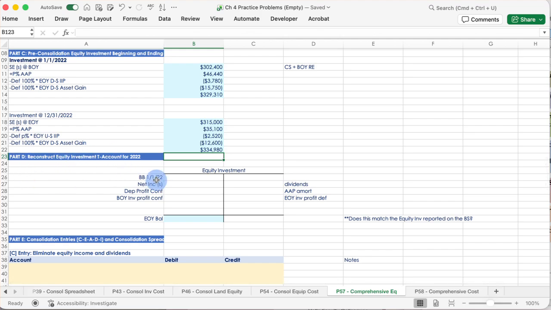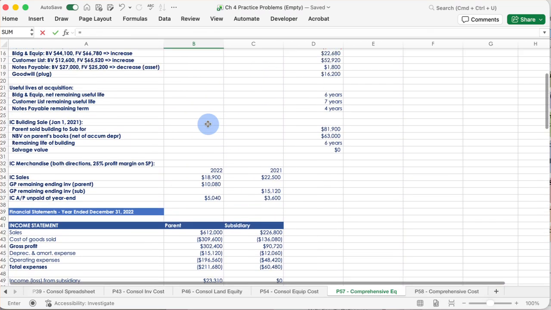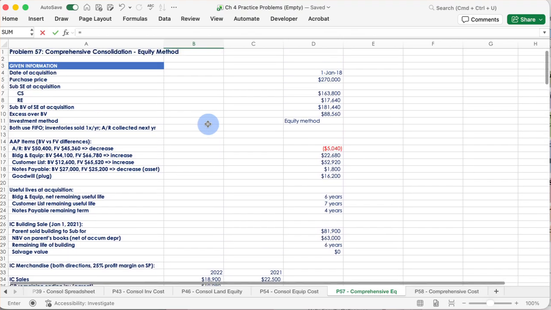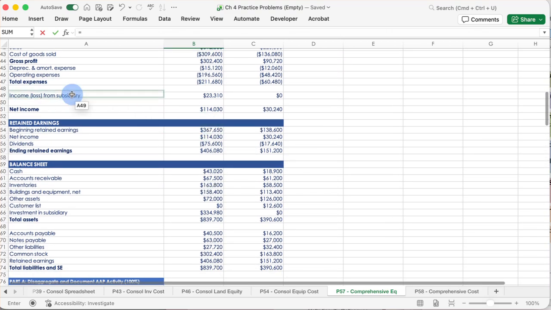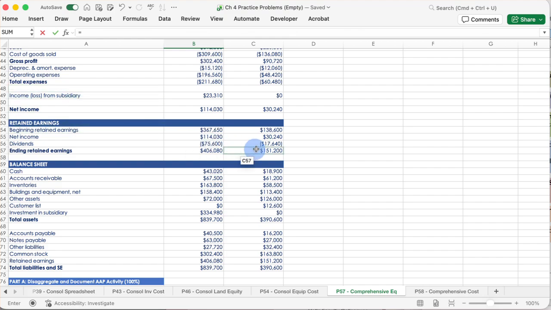And part D asks us to reconstruct the T account of the equity investment. So we can do that. We have this beginning balance right here. We will go get the net income from our subsidiary, 30,240.